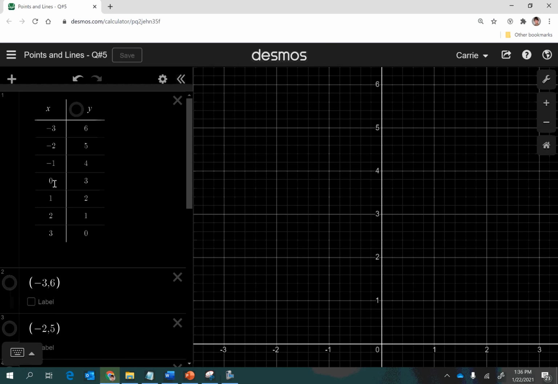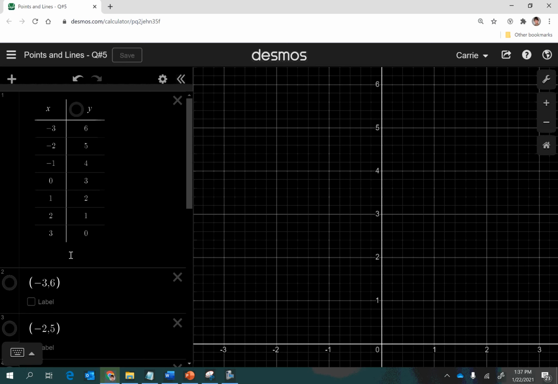Okay, so here's my table of values, and I can start plotting these points. (-3, 6) is the first point coordinate set, and that means that x equals negative 3. So from the origin, (0, 0), I would move to the left to x equals negative 3. And then I also will go up 6 values to match up with y equals 6.